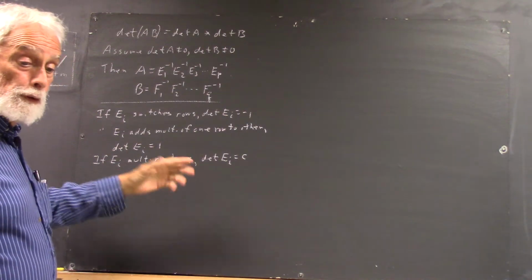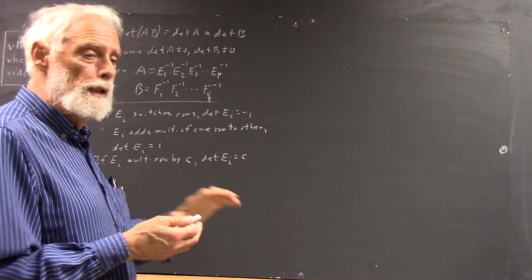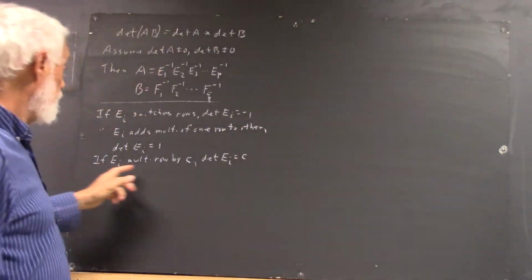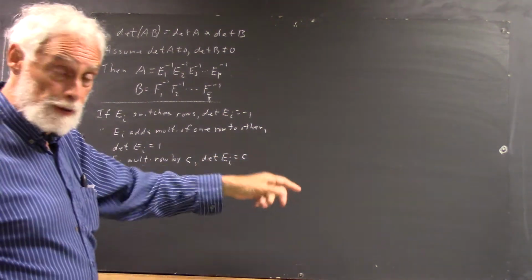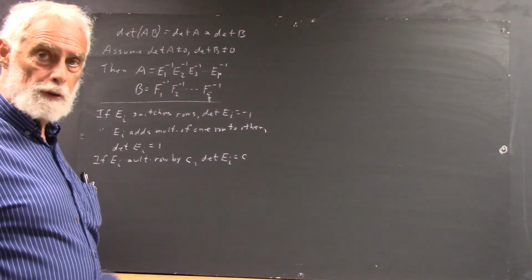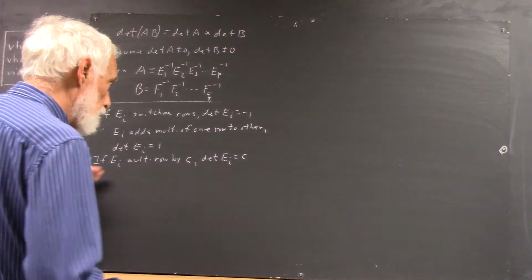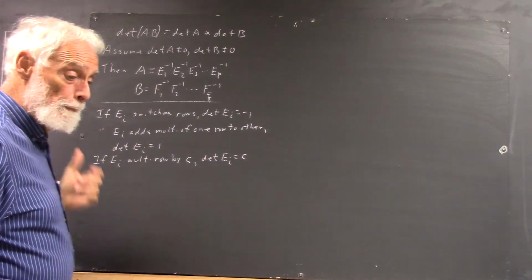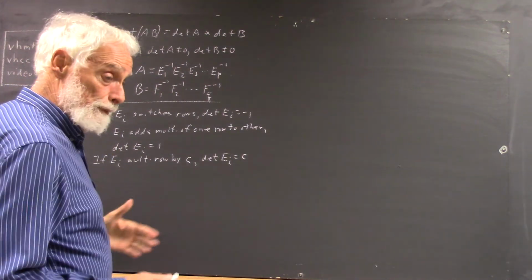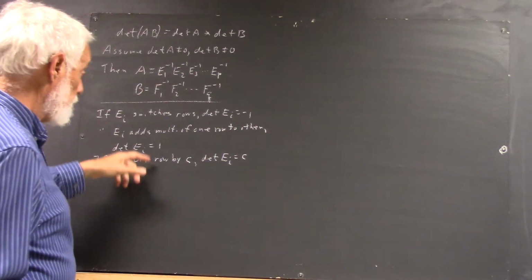And if you multiply a row of the identity matrix by C to get the elementary matrix corresponding to multiplying that row by C, the determinant of that matrix is going to become C. Okay, it's very easy to prove by looking at what these operations do to the identity matrix. And of course, you perform the operation on the identity matrix to get the elementary matrix.